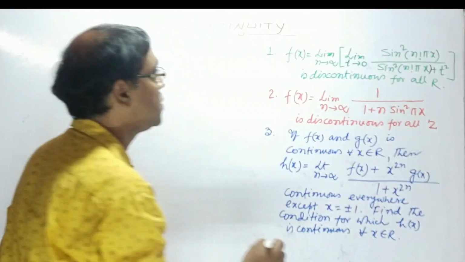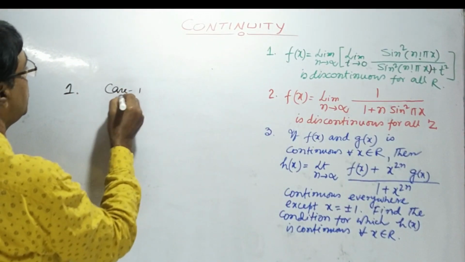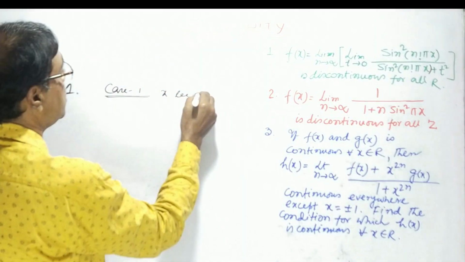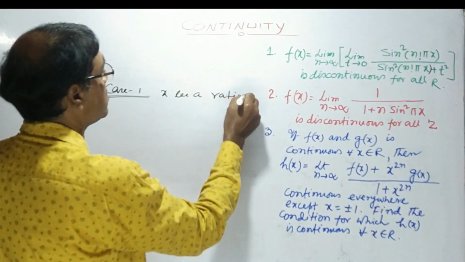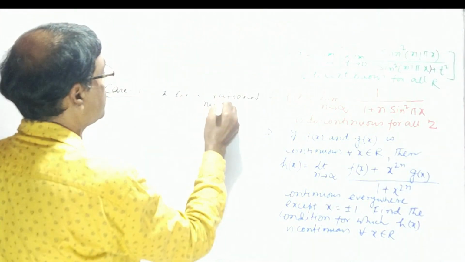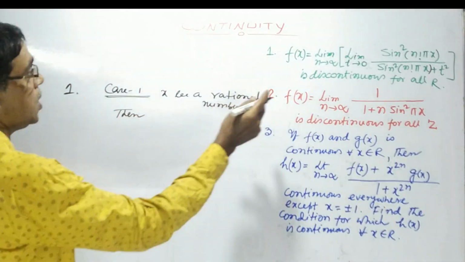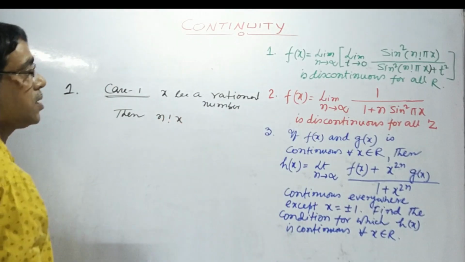Now, here case 1: suppose x is a rational number. Then n factorial times x.